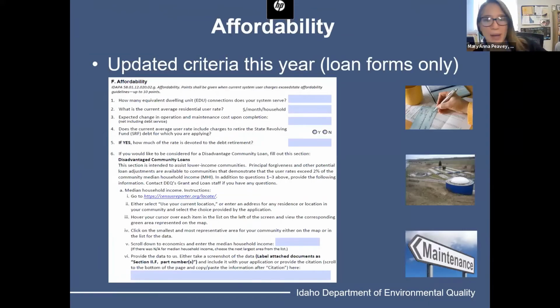Hello, everyone. I'm back again. Before I get into the affordability section, there was some information I forgot to share earlier on some of the funding efforts we're working on.